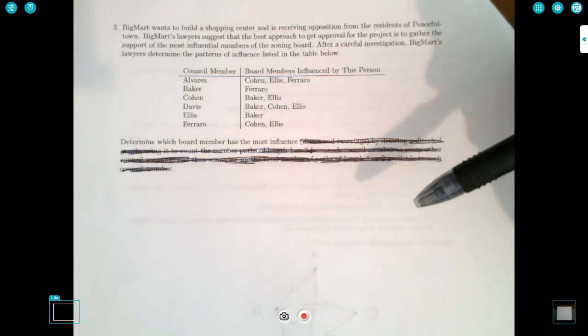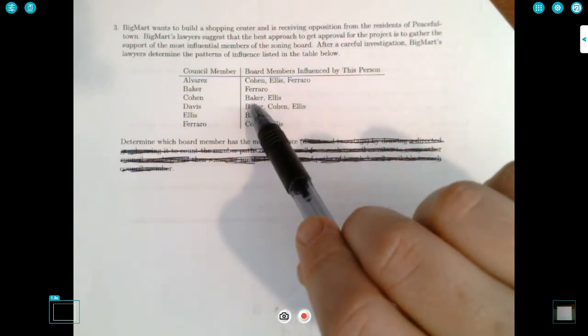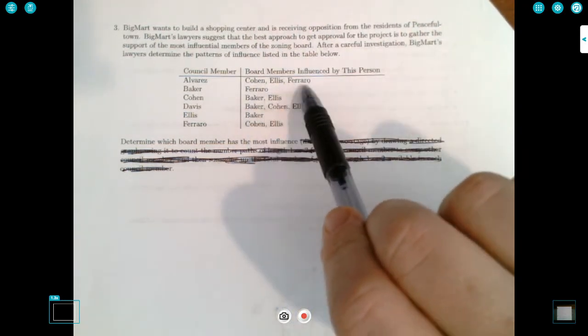But we can analyze this a little bit more carefully, right? It's true that they have an equal amount of direct influence, right? They both have direct influence over 3 people. But we could ask ourselves, what about secondary influence? Like if Alvarez influences Cohen and Cohen influences both Baker and Ellis, then Alvarez has a second-hand influence over, say, Baker, who he doesn't have a direct influence over.